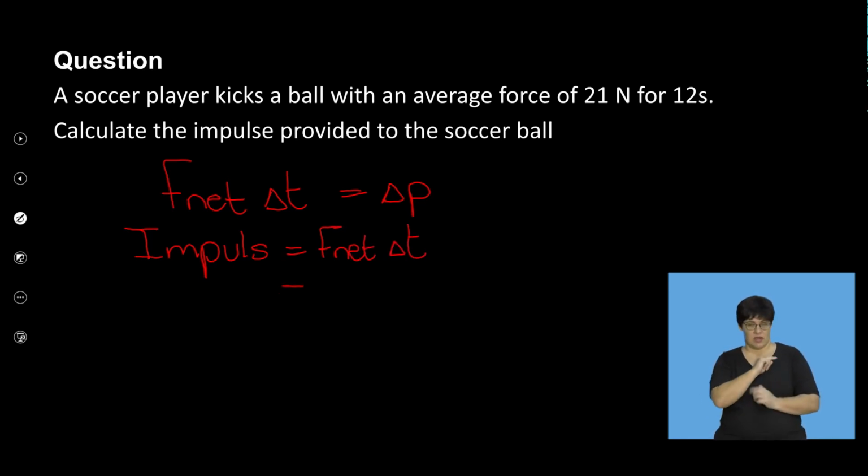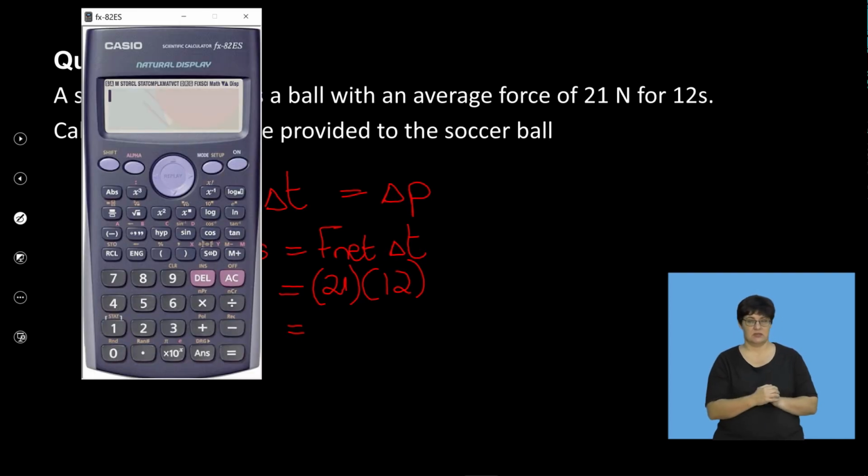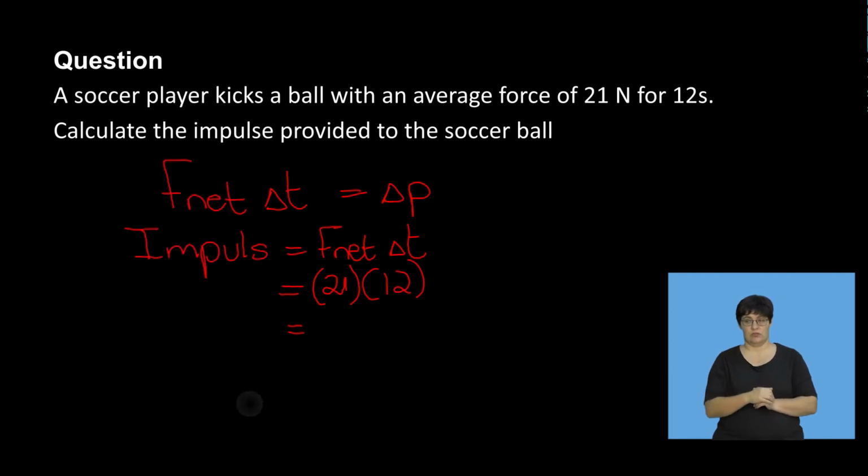Therefore, I'm now going to put in that I've got 21 newtons for 12 seconds. And we're going to take out our calculators because they're very important to us. So let's use our calculators. We're going to go 21 times 12, and we get 252. 252 newton seconds.